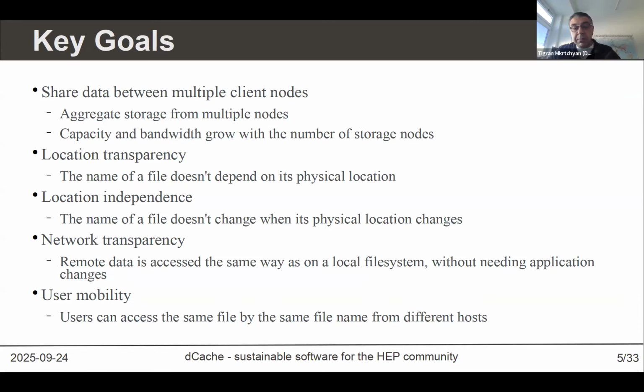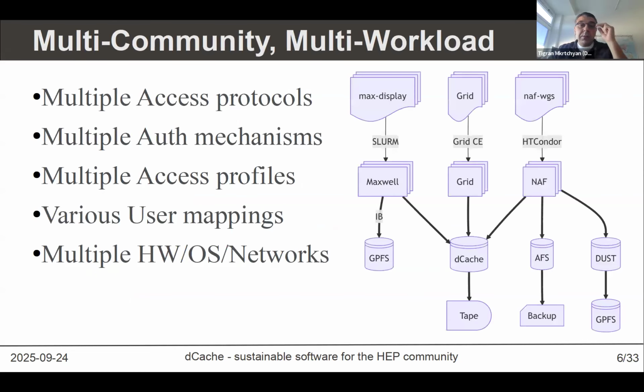Internally, we always map, independent of how the user comes to the system, to the same internal identity, providing the user the same capabilities that he wants to have. Such multi-facet behavior makes dCache an essential part of multi-cluster infrastructure.